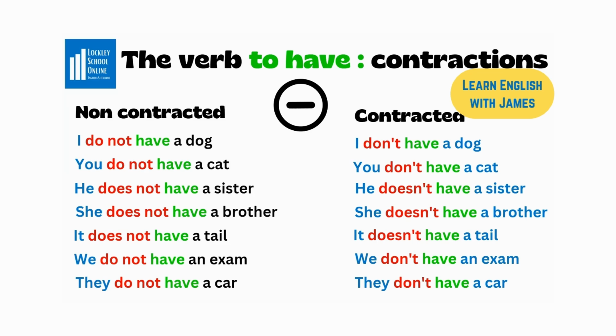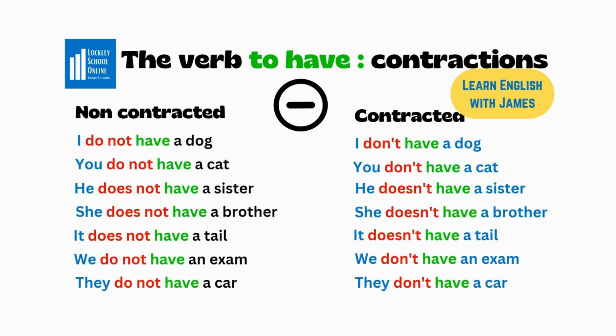So do not becomes don't. Does not becomes doesn't. So we're just removing the space between the do and the not, and we're removing the O and replacing it with an apostrophe.